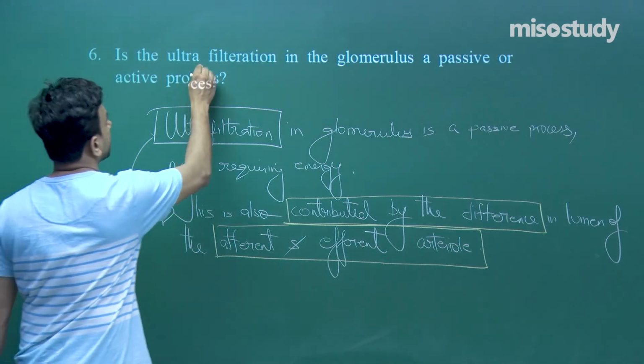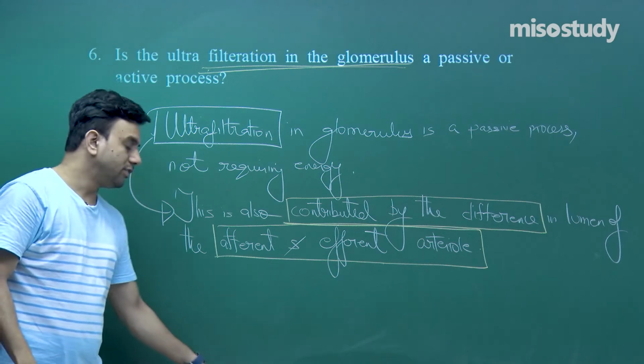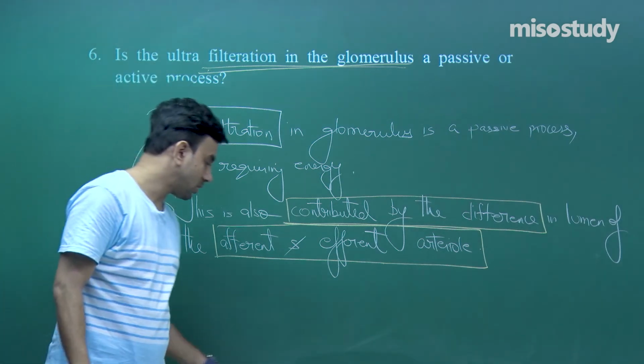So, hence ultrafiltration in the glomerulus is a passive process. We move on to the next question.